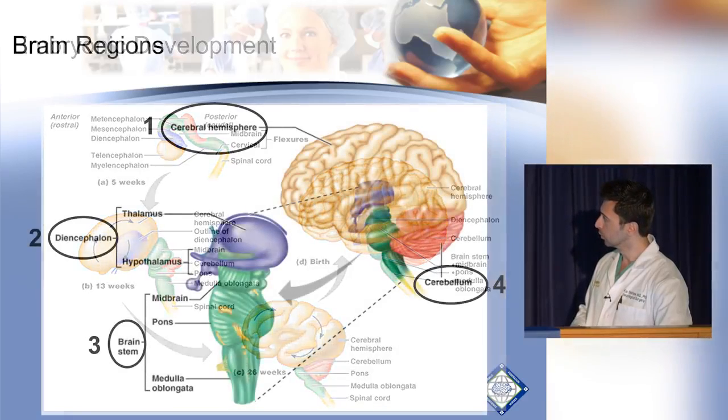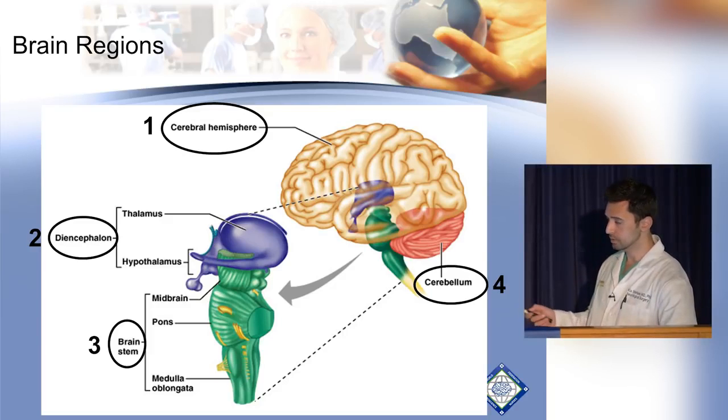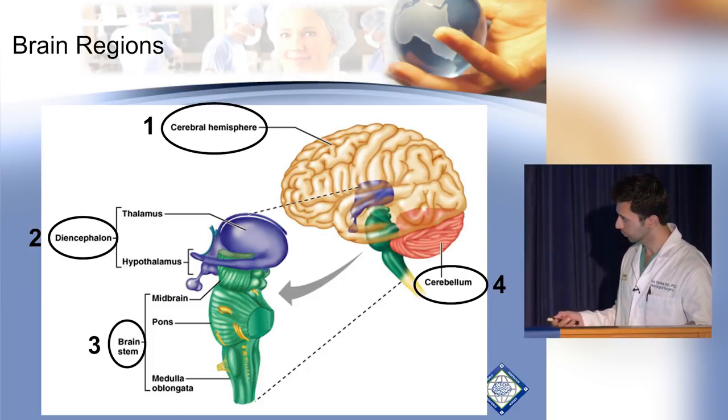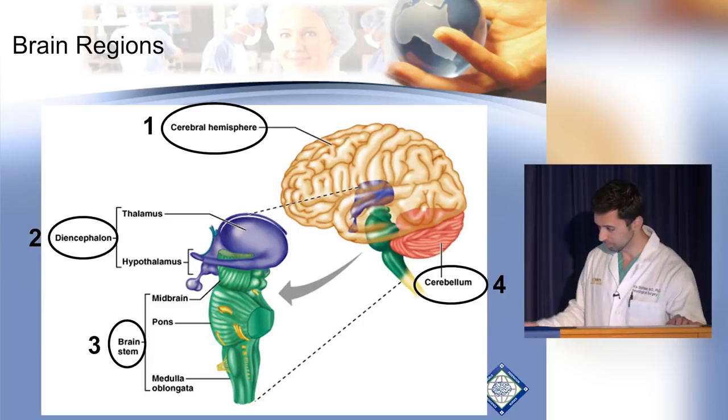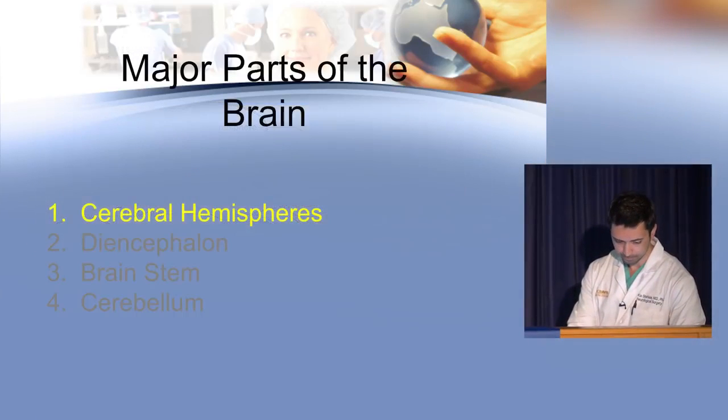When we look at the brain as a final product, we can generally divide it into regions, and we'll talk about the cerebral hemisphere, which is the cortex of the brain, the area that we often think of when we talk about the brain. But there clearly are some very important deep structures. The diencephalon, which is the thalamus and hypothalamus, play very critical roles, as does obviously the brainstem, as Pinky the Brain emphasized there. And then we'll talk a little bit about the cerebellum as well.